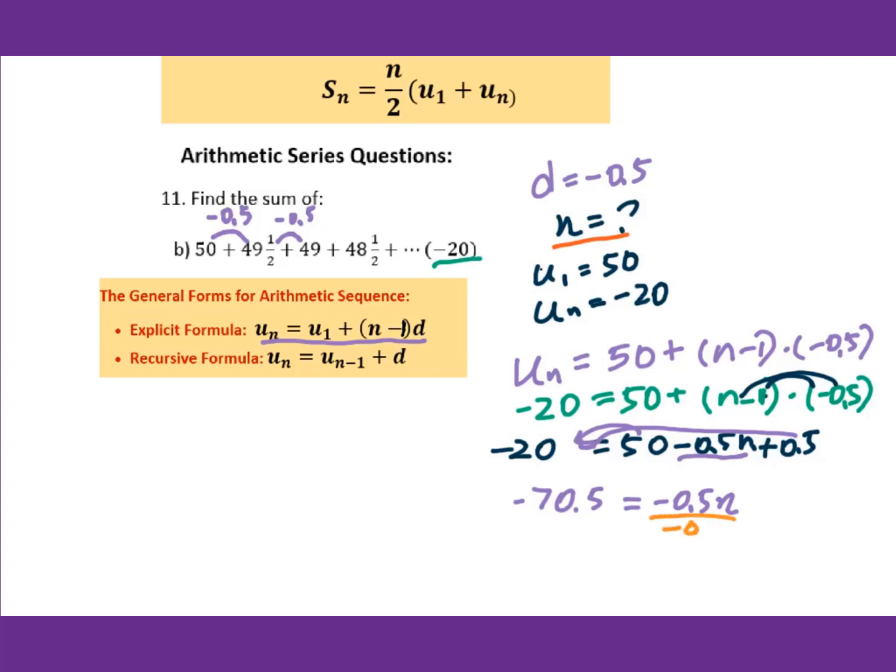Divide by negative 0.5 on both sides. You will get n equals 141. Now we plug into the formula.